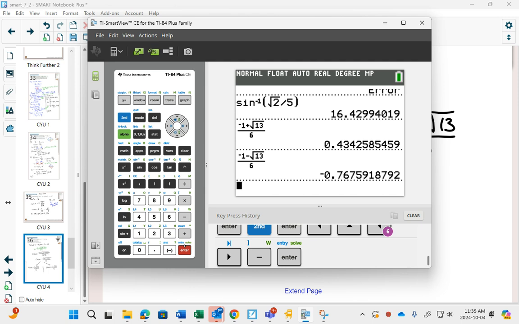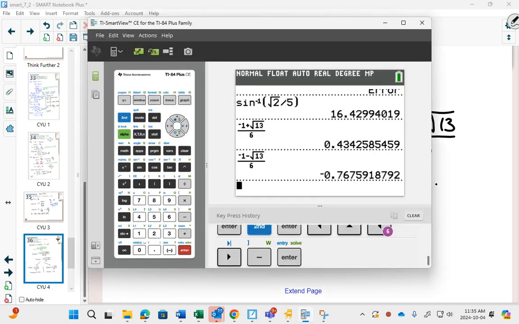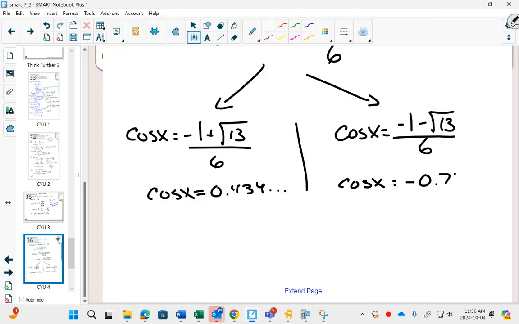So I get 0.434 for this one. And on the other one, I have negative 0.767. And it would round up to an 8, but because I put the dot, dot, dot there, I'm just saying it's the right decimal places and they keep on going.